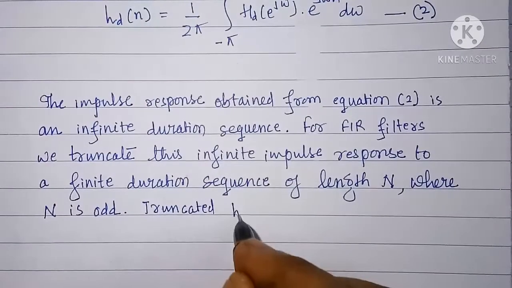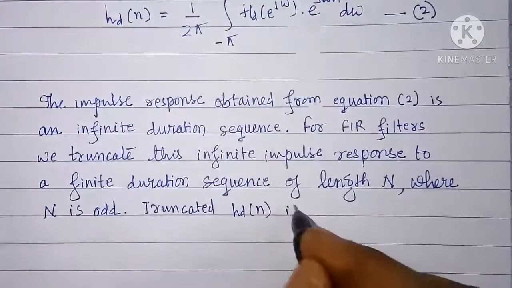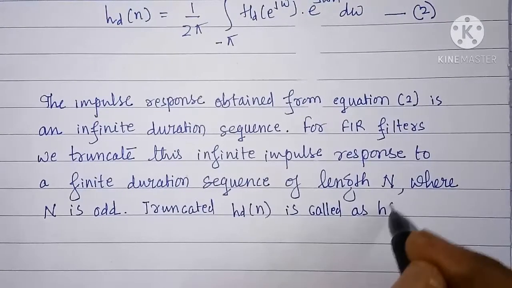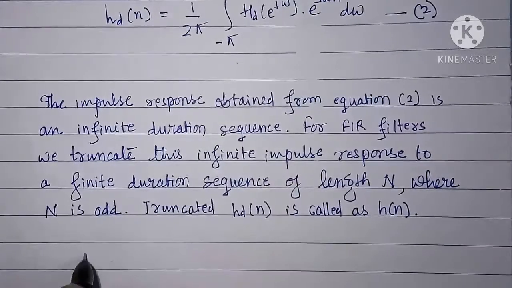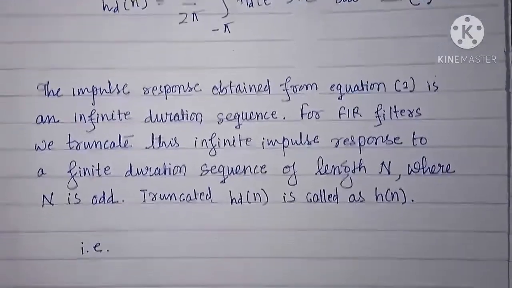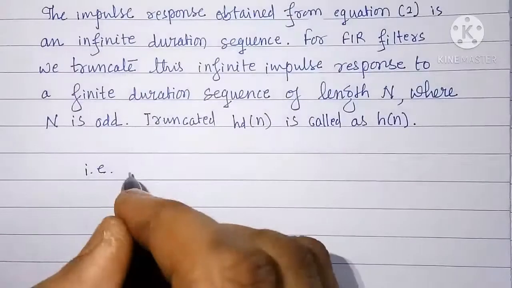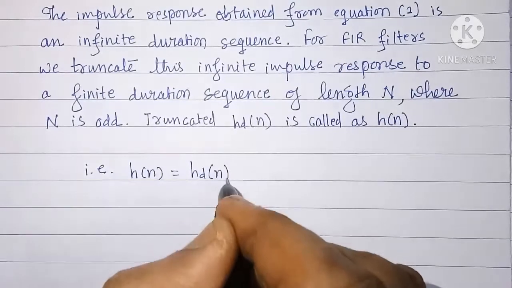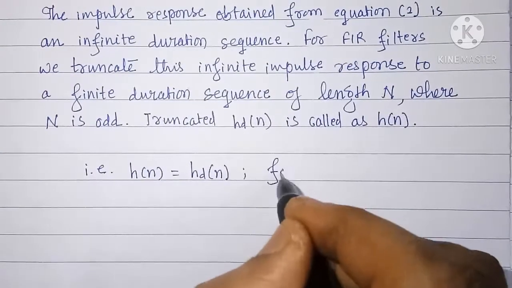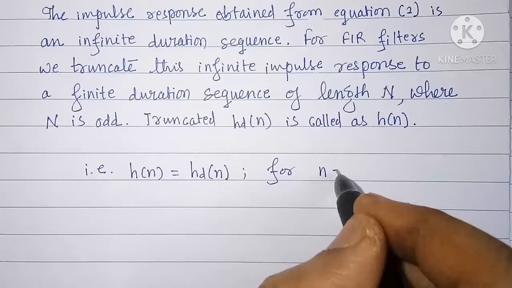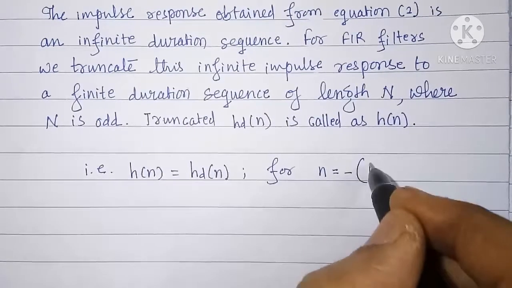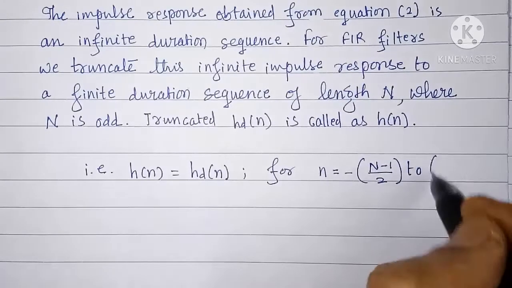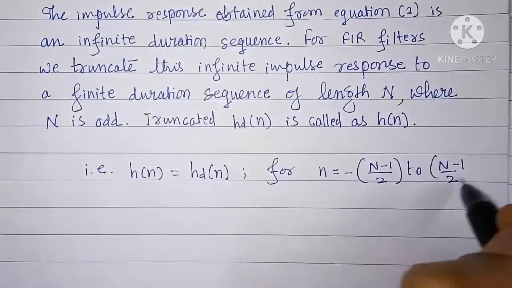Truncated Hd of n is called as h of n, that is h of n equal to Hd of n for n equal to minus N minus 1 by 2 to plus N minus 1 by 2.